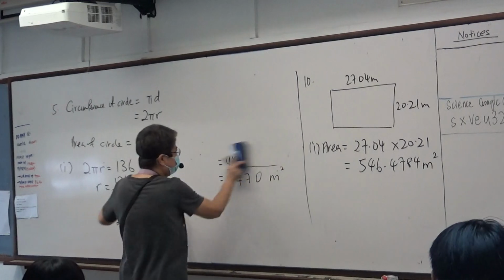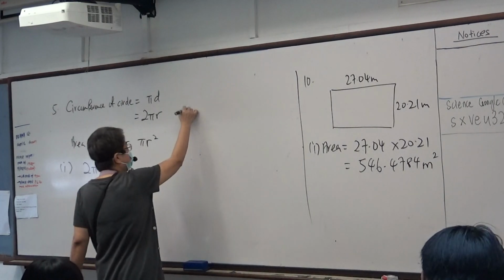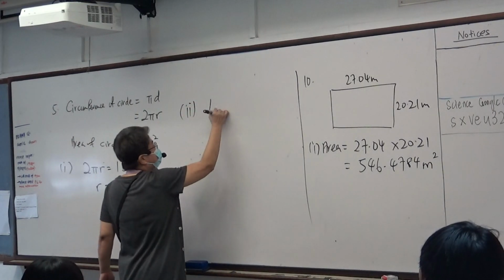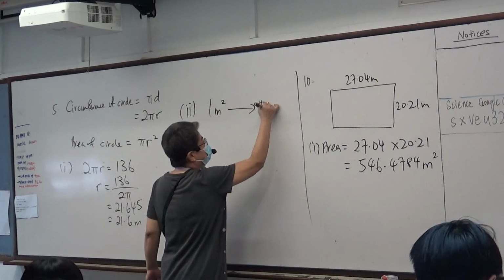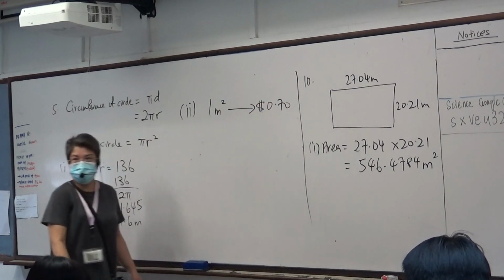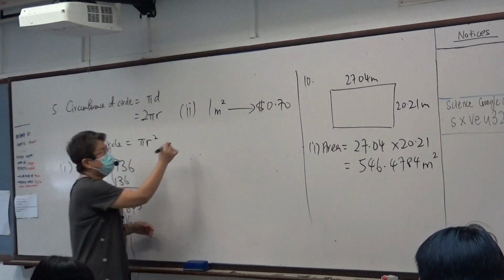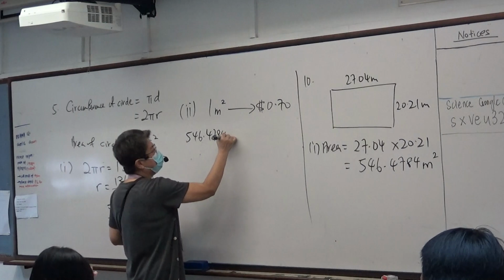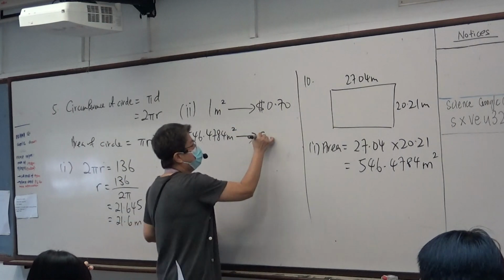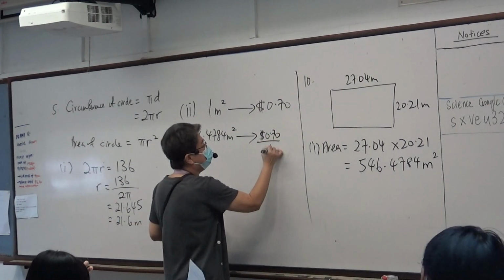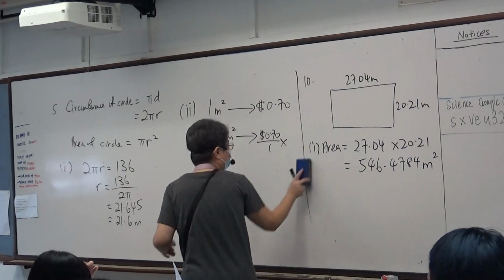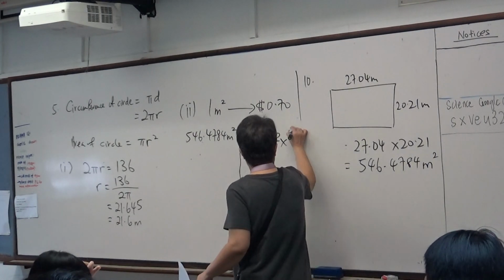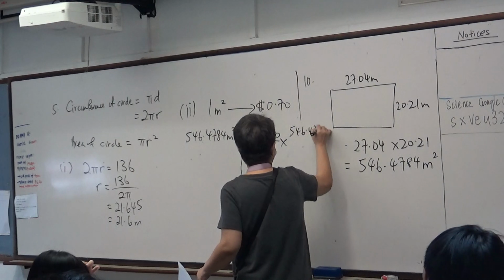And I always use this way, alright? 1 meter squared costs 70 cents. So I have 546.4784 meters squared. It will be 70 cents over 1 times 546.4784.